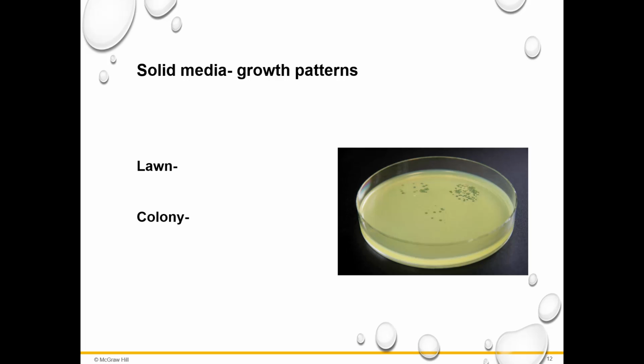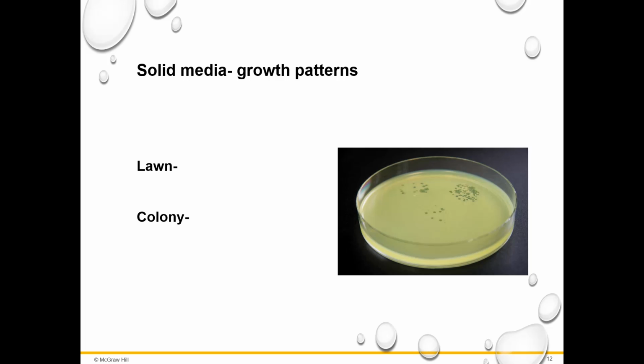A colony is a discrete mound of cells. So this little dot here is a colony. A colony contains cells that arose from the cell divisions of one cell. So basically what happens is when we produce a colony, one cell lands on the plate, and then it divides and divides and divides until it gets big enough for us to be able to see with the naked eye.